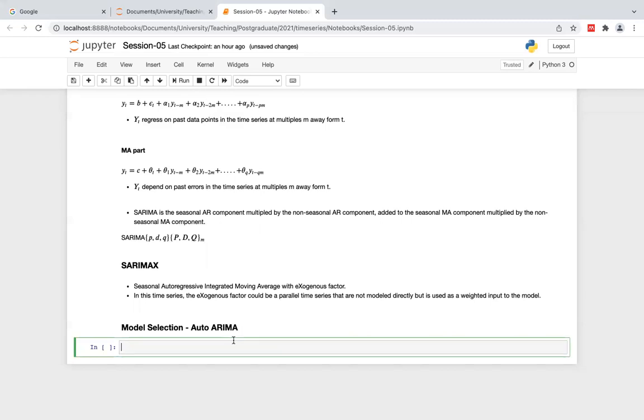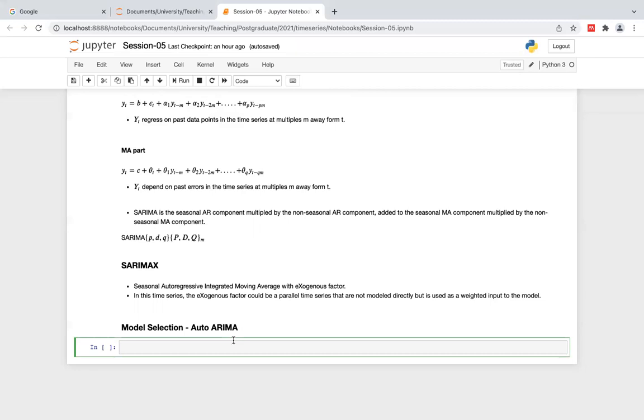What we did previously in order to identify these best fit parameters, how did we perform it? We implemented ACF and PACF graphs so that we would be able to identify the autoregressive order as well as the moving average order based on these two graphs.